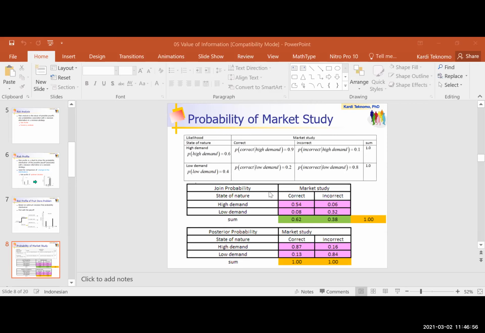You just assumed something, correct? So now suppose you have new information, a market study. So you have a survey, you hire a consultant, okay? And you know that the probability of high demand is 0.6, right? Can you see this slide?